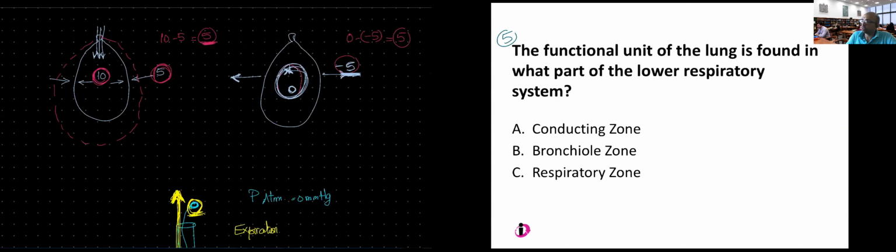In which of those zones can I find the functional unit of the lungs? Bronchial zone. Any other ideas? 2, bronchial zone.